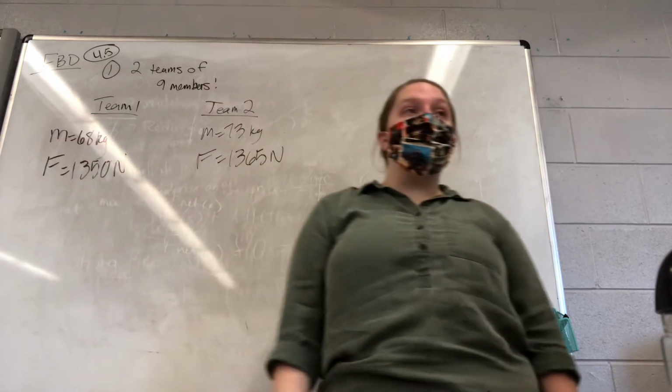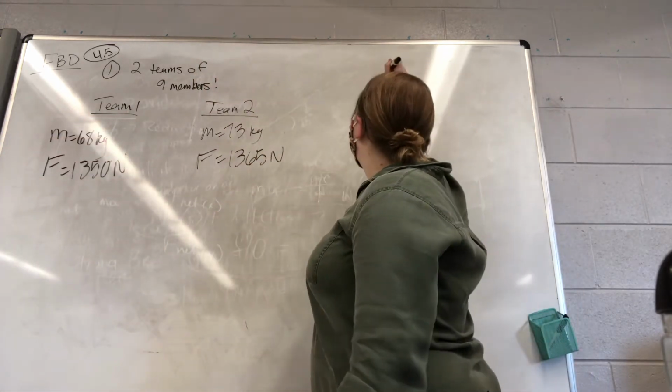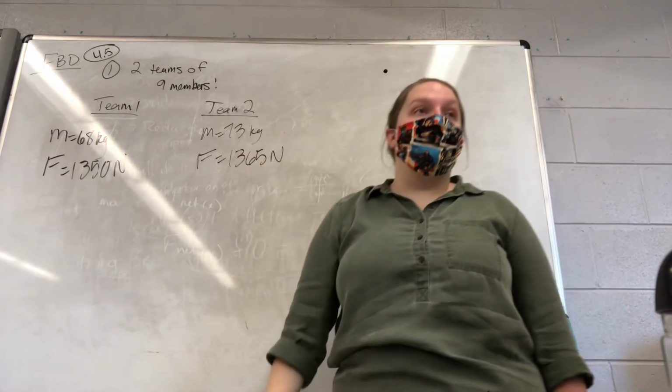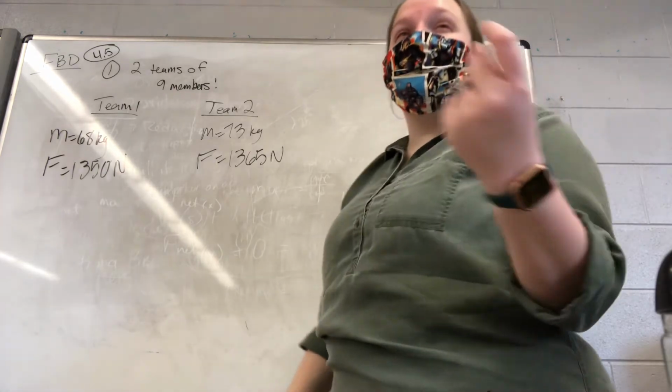If you draw yourself a diagram, we're going to put a mass system in the middle. We're going to assume that the system contains all 18 members and the rope that they're pulling on.